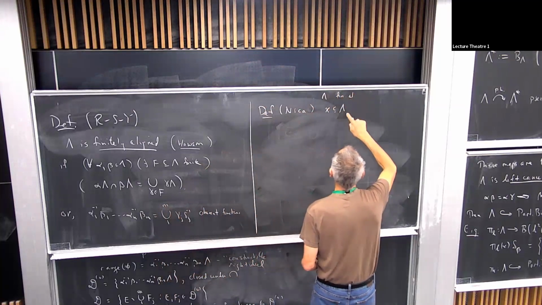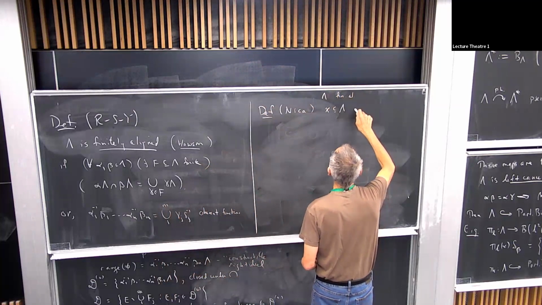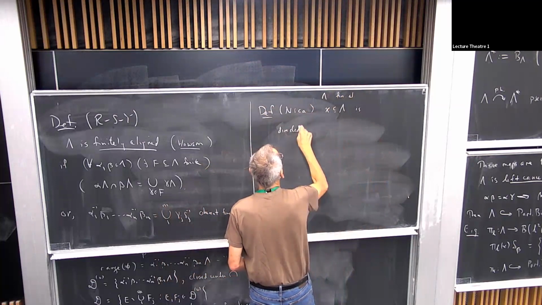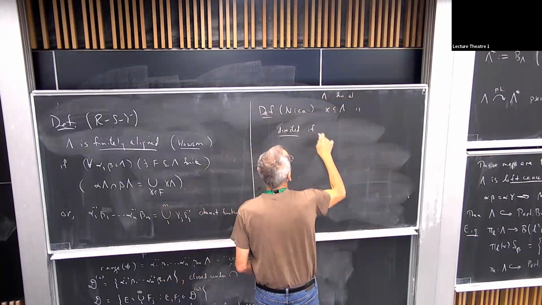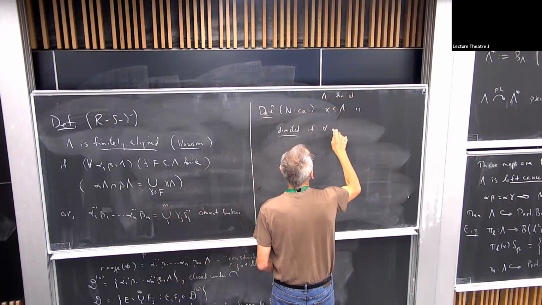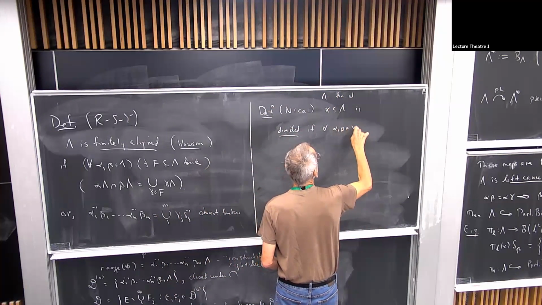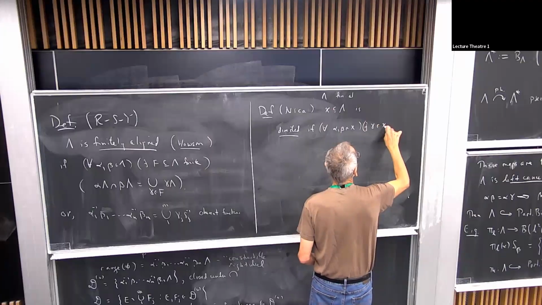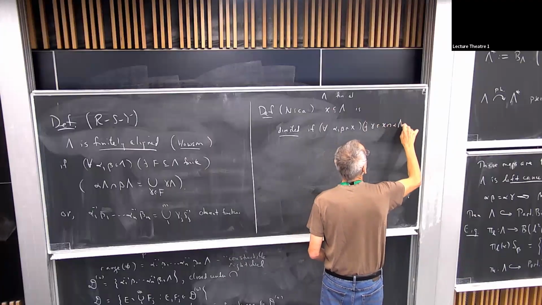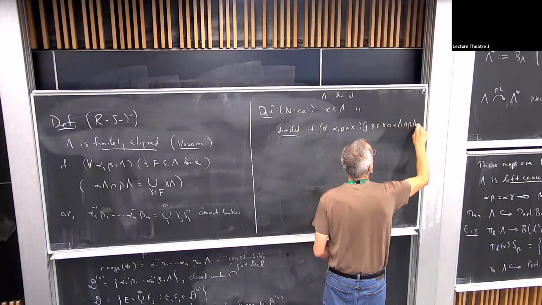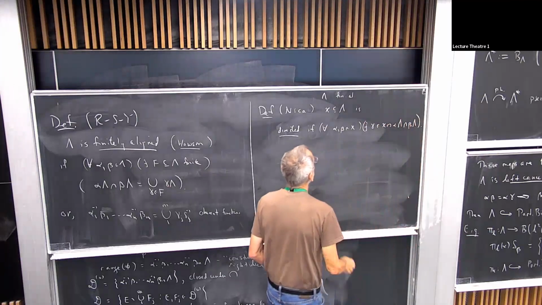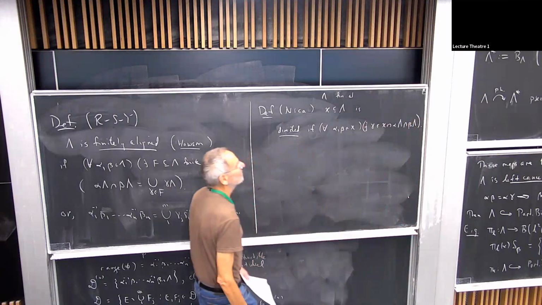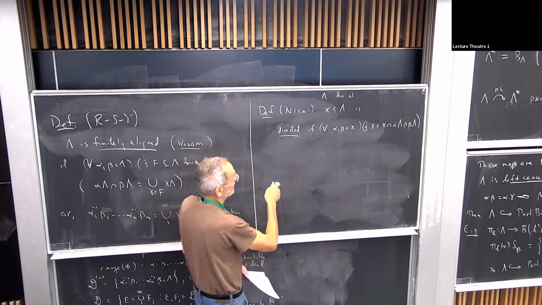So a subset X of lambda is called directed if for all alpha and beta in X, there exists gamma in X intersected with the two principal right ideals, alpha lambda and beta lambda. So given any two elements in X, X contains something beyond both of them. That's the basic idea of direction.